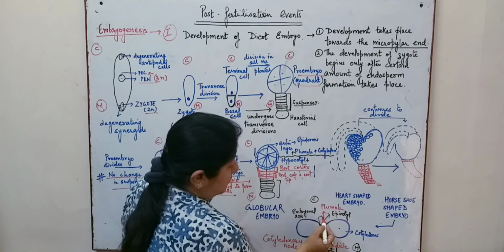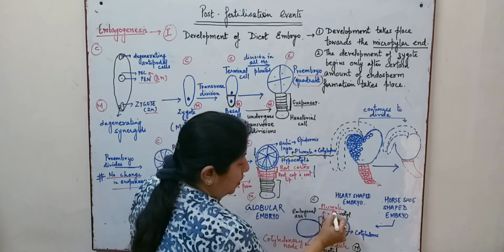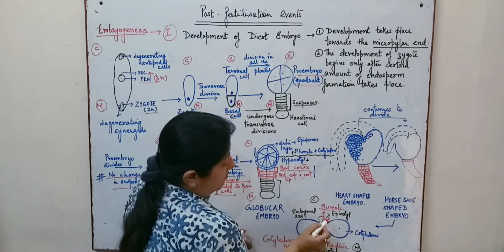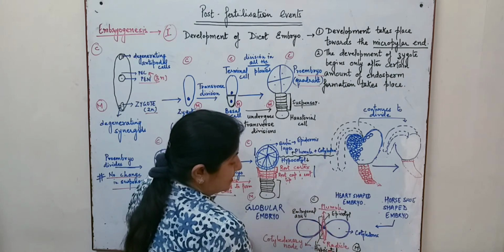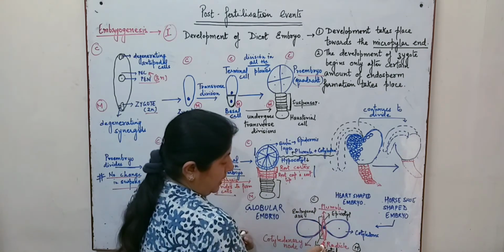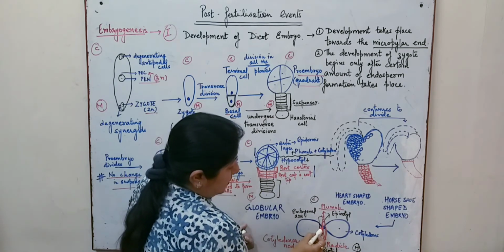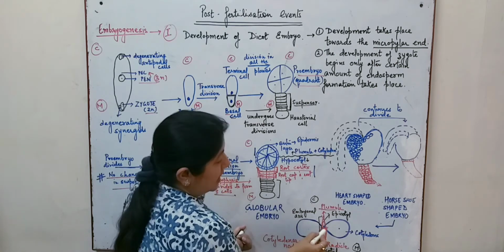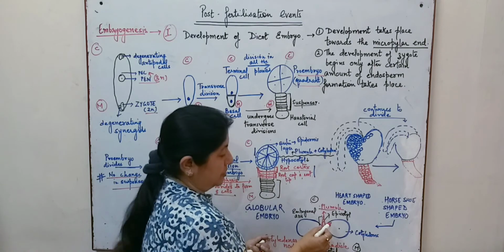Now, the tip which is towards the chalazal end will form the plumule, whereas the tip which is towards the micropyle will form the radicle. Now, the space between the cotyledonary node and the plumule is known as epicotyl.